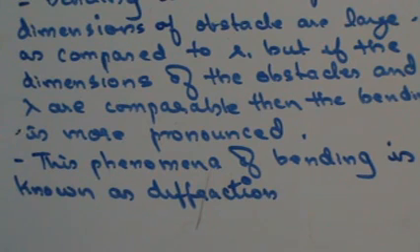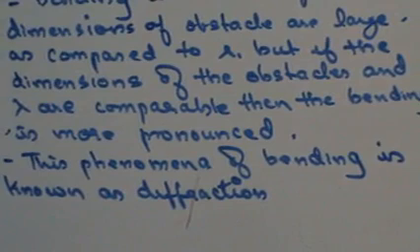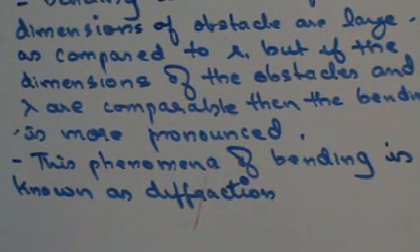So thus the phenomenon of bending of light round the edges of small obstacles or narrow slits whose sizes are comparable to the wavelength of light, and hence they encroach the geometrical shadow, is called diffraction. Since they are going to bend, they are going to encroach the geometrical shadow.